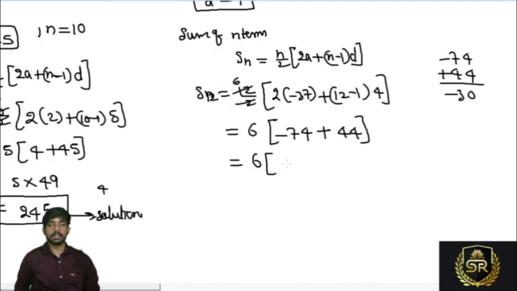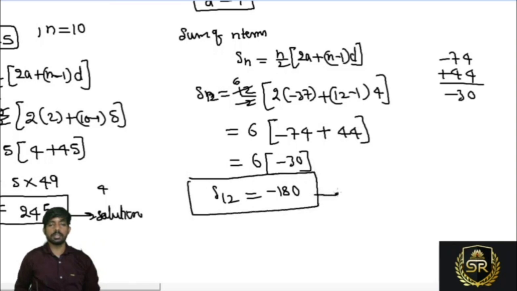So I am writing minus 30. Then 3 sixes are 18, so minus 180. The result is minus 180. That's all, this is the solution for the second question.